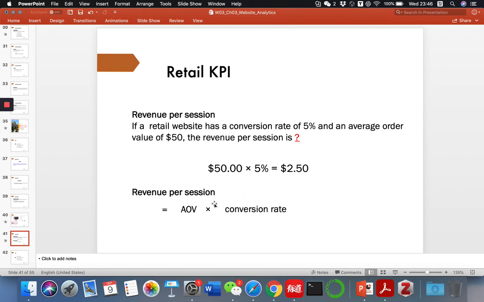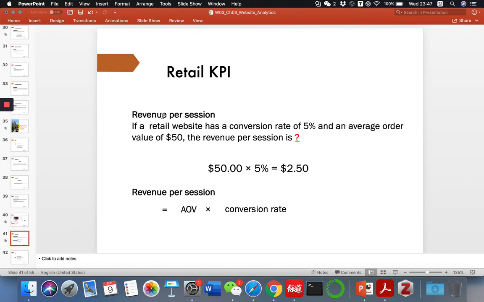And why can you use this notation? Because according to the definition of revenue per session and the definition of conversion rate, we know that every 100 sessions we get 5 conversions, right?